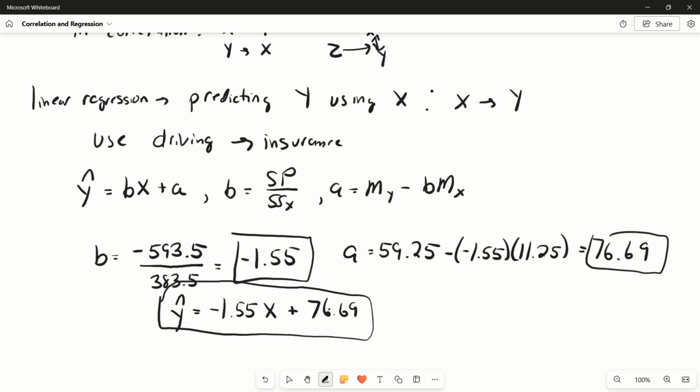The predicted insurance rate is the y hat. That is the value on the line. So if we draw the regression line, that's what we're going to find, the predicted y value. So let's go back and draw the regression line into the scatter plot.